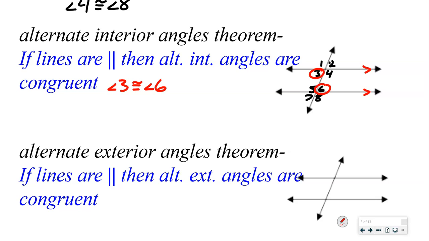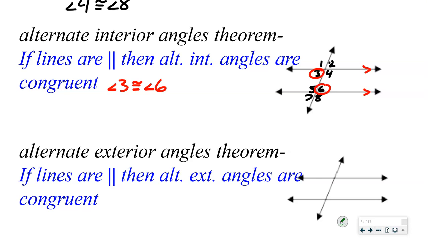And you can see, even looking at that picture, they're both acute angles, both 3 and 6. If I were to look at angles 4 and 5, I can see that those are obtuse. So I would know not to match those up with angle 3 or angle 6.